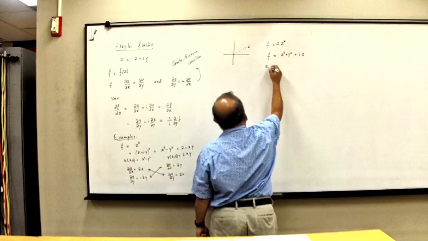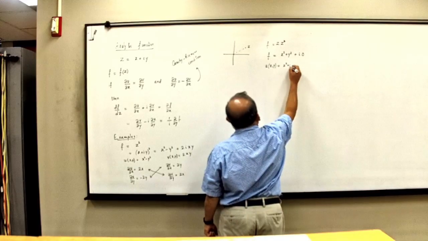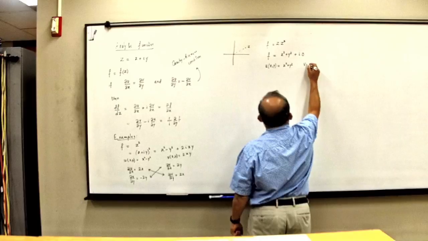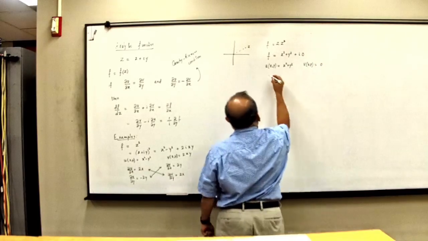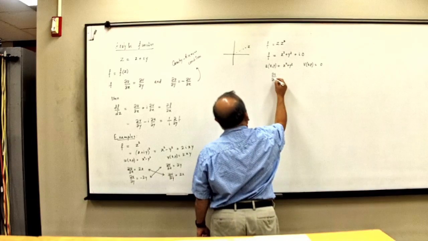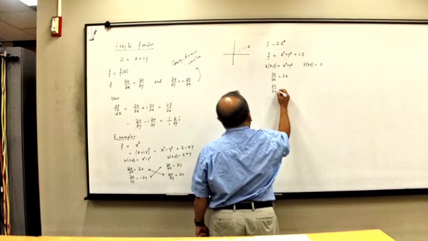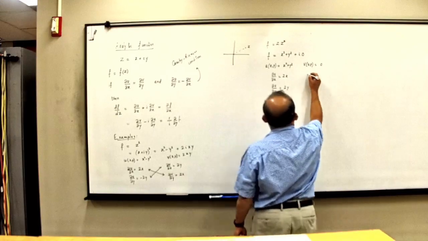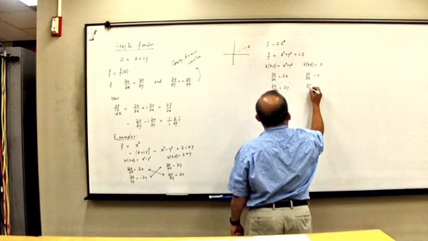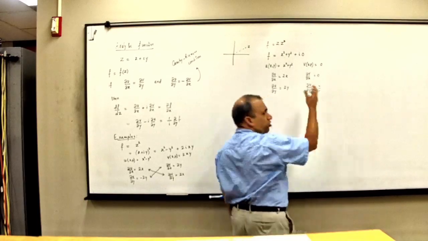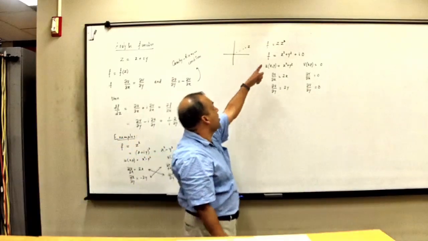So v is equal to 0, and it's clearly not satisfied, because du by dx is 2 times x, du by dy is equal to 2 times y, and this is 0. So the minimal requirement is not satisfied, so this is not analytic.